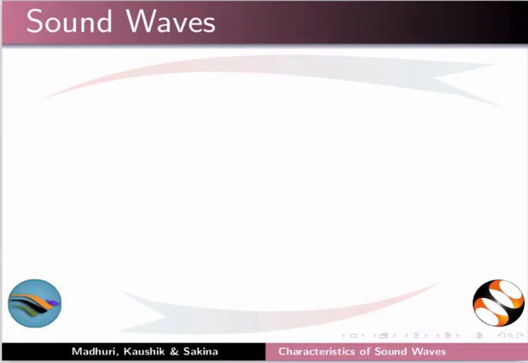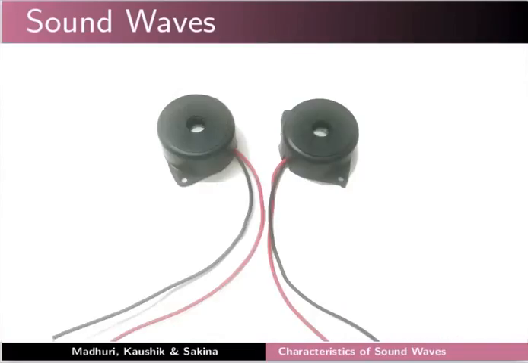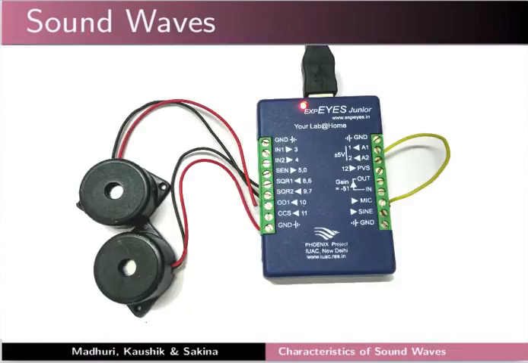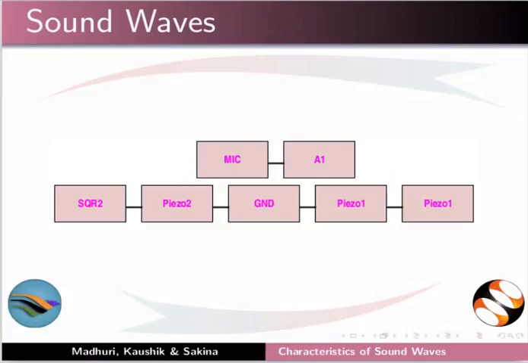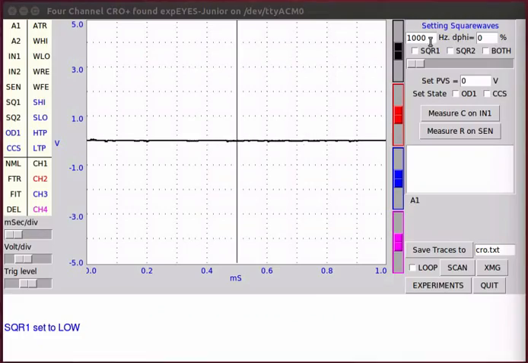In this experiment, we use two piezo buzzers as source of sound. Piezo 1 is connected to SQR1 and ground. Piezo 2 is connected to SQR2 and ground. This is the circuit diagram. Let's see the result on the plot window.